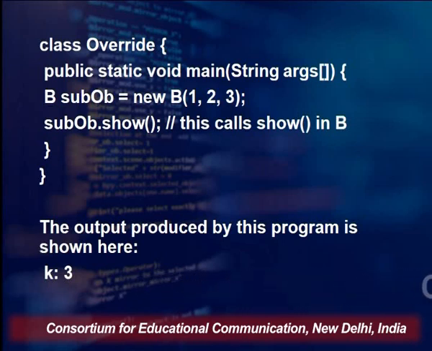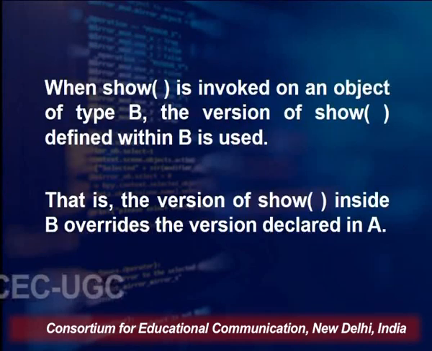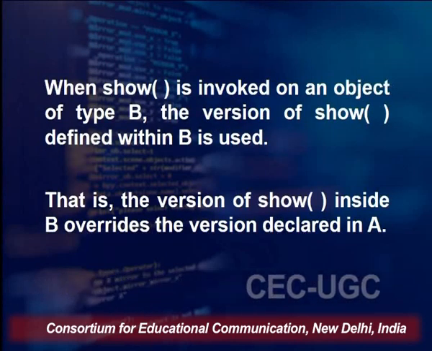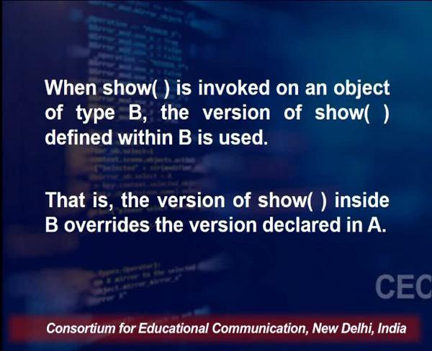And when we have a similar method, similar in terms of signatures, between the parent class and the child class, between the superclass and the subclass, the method with the same signature is there. This situation is known as method overriding. So when show is invoked on an object of type B, the version of show which is defined within B is used.